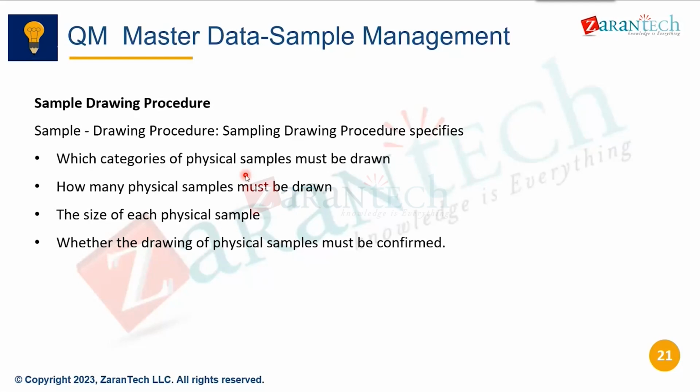For example, if there are 100 drums or 50 bags or 50 pallets or 50 cartons, if we pick a sample from any one bag or drum or container and directly do the inspection, that is a primary sample.